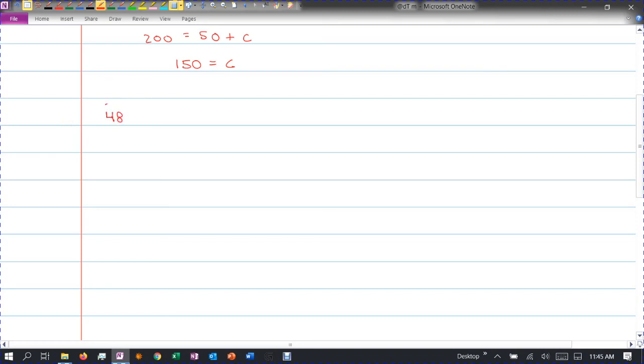48, you should get c is equal to -1. For 49, you should get c is equal to 21.